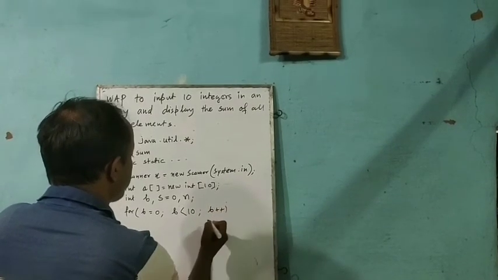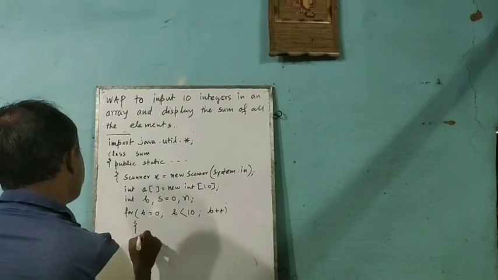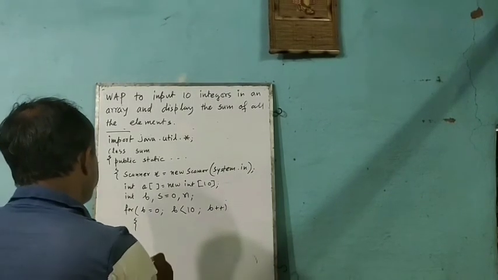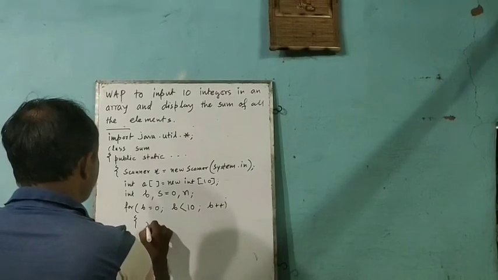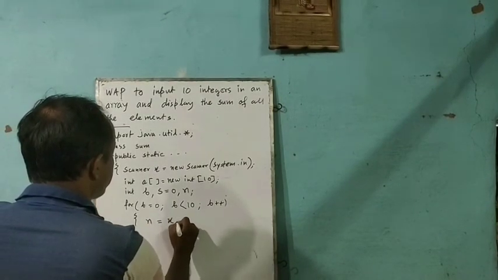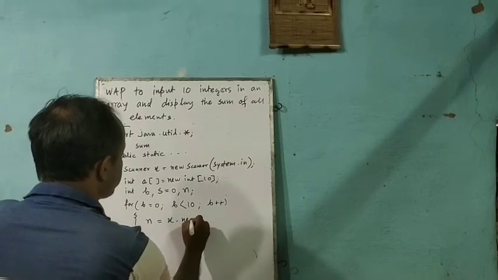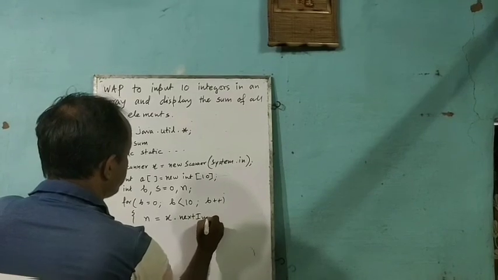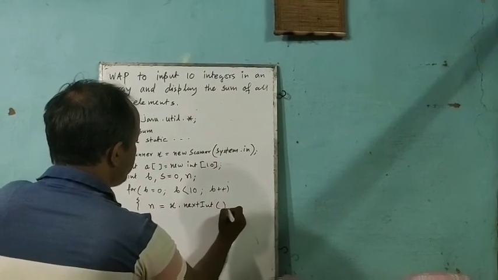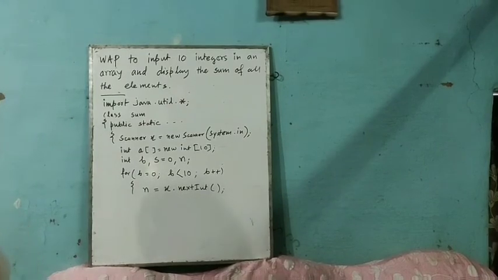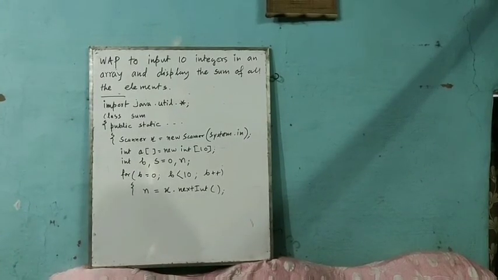Then in the body of the loop, we'll take one integer as input, n = x.nextInt(). Here I will be a capital letter. This line is taking input in one variable n.